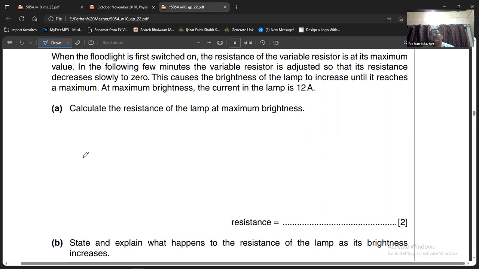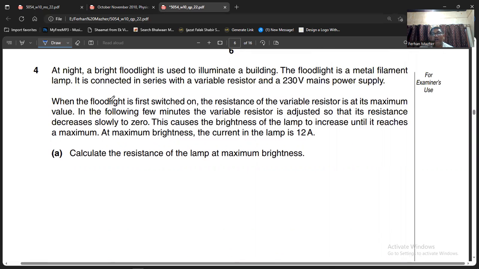So all the voltage which the battery is providing, or the EMF of the battery, all that voltage will be dropped across the lamp. So the voltage drop across the lamp will be equal to the EMF of the battery. That's 230 volt. I said battery, it's the mains supply, and the current is 12 ampere. So we can calculate the resistance.